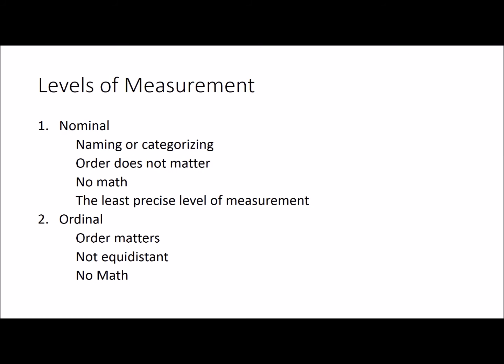So if we were to say a Likert style scale, a scale of 1 to 10, 10 being the happiest, 1 being depressed, that would be an ordinal level of measurement. And if we were to ask that in the class, most people would say that they feel around a 7 if they're feeling okay. Now, if 4 people in the class say they feel about a 7, does that mean they feel the same? No, it doesn't.